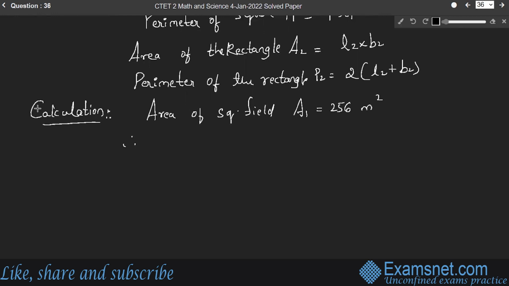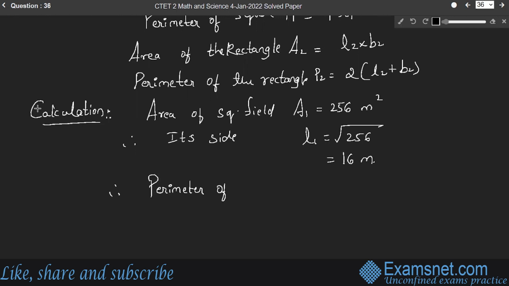Therefore, its side L1 is equal to square root of 256, that is 16 meter. Therefore, perimeter of the square field, P1 is equal to 4 times L1, which is 64 meter.